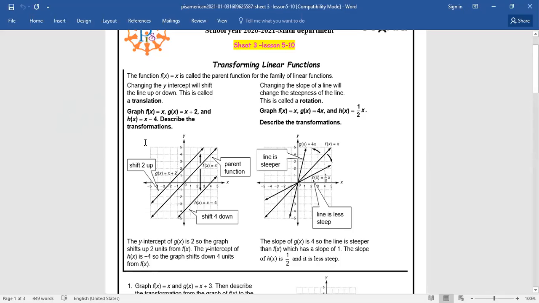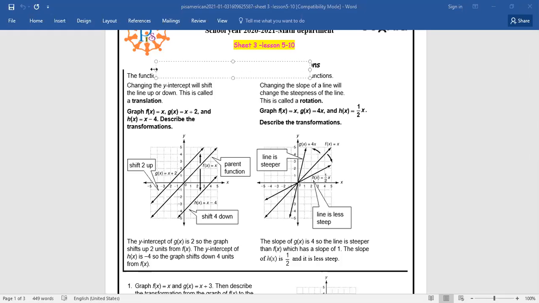First, what do you note about the slope in this bunch of functions? How many functions do you have in the first example? Three, right? What is the slope in all these functions? They are the same. Each one equals 1.